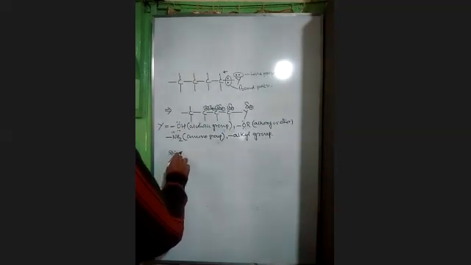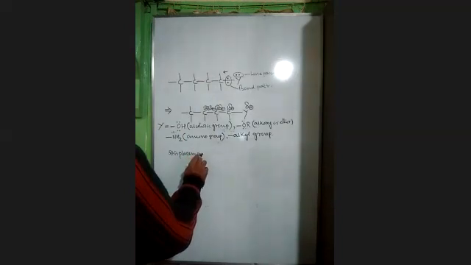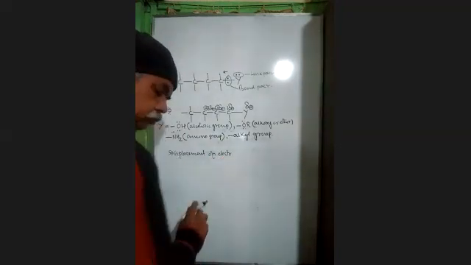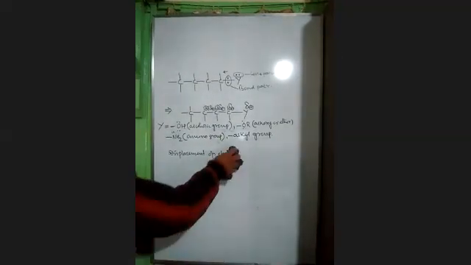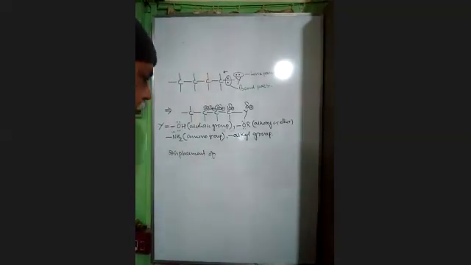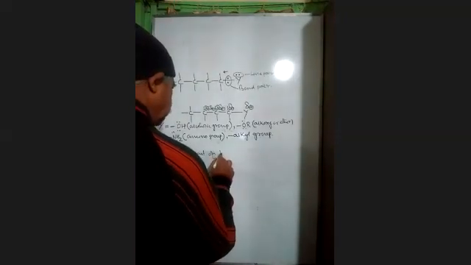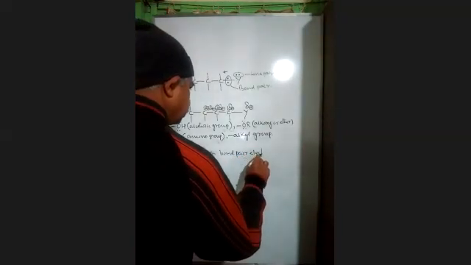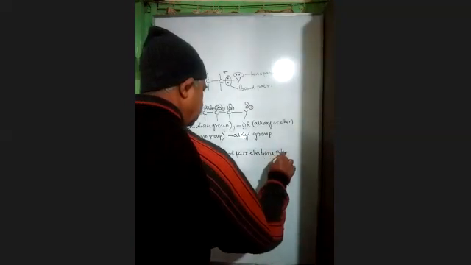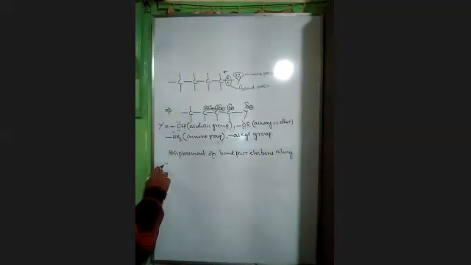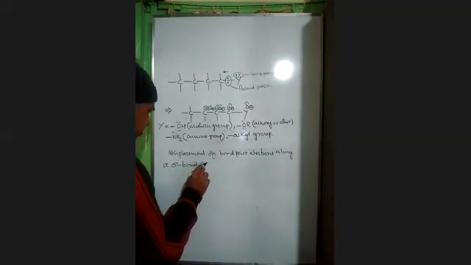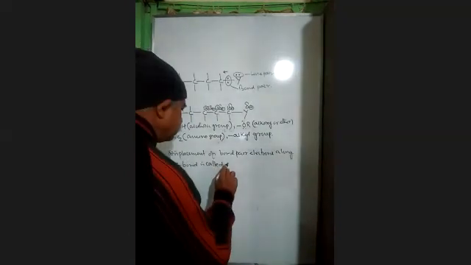Displacement of bond pair electrons along a sigma bond is called inductive effect.